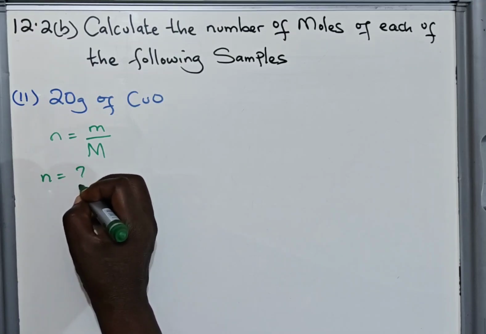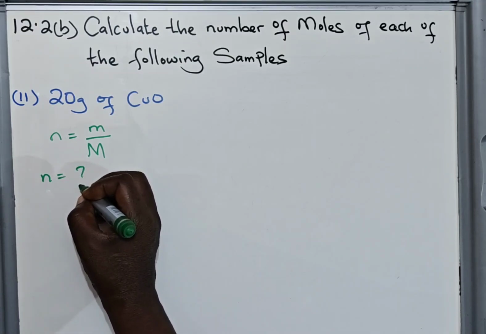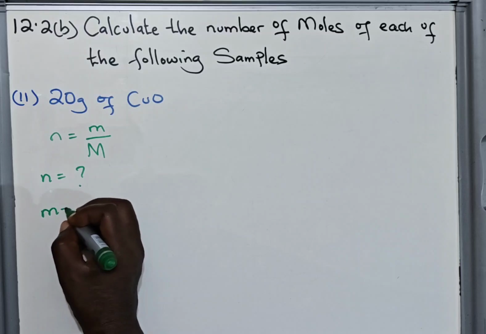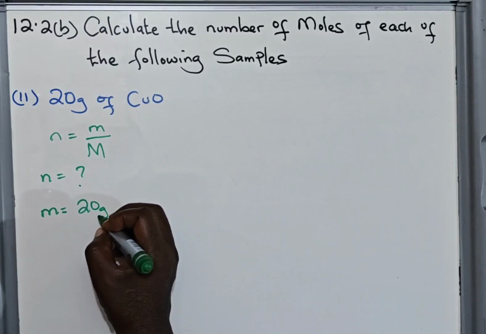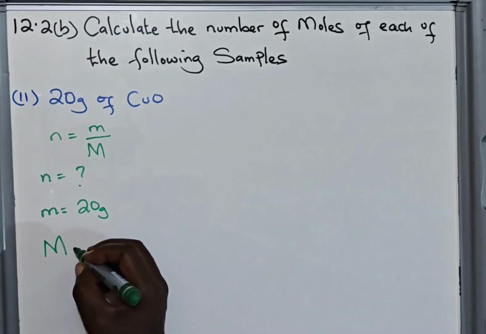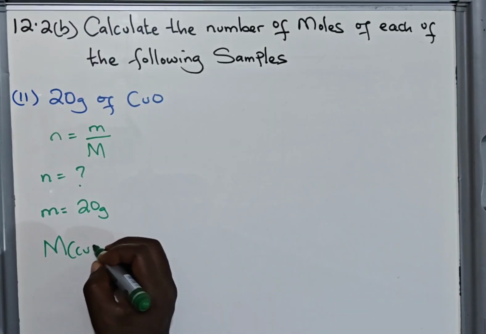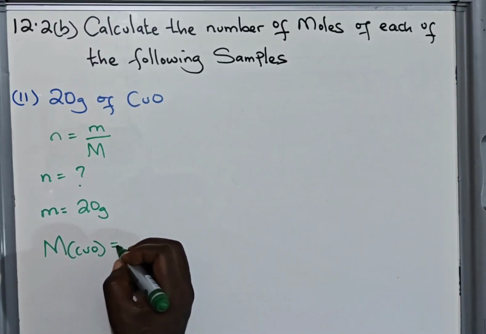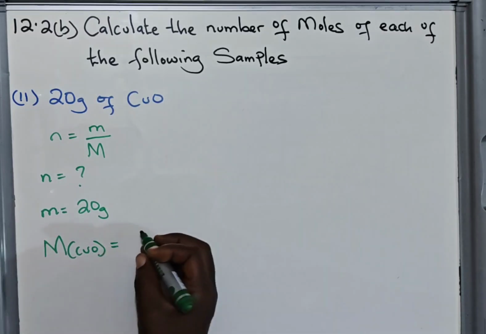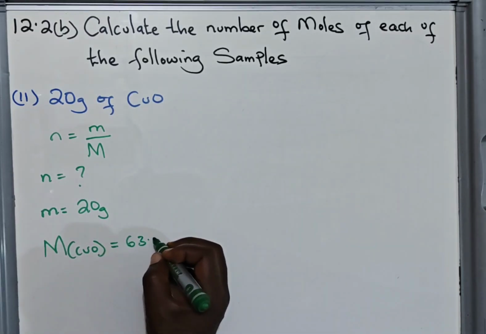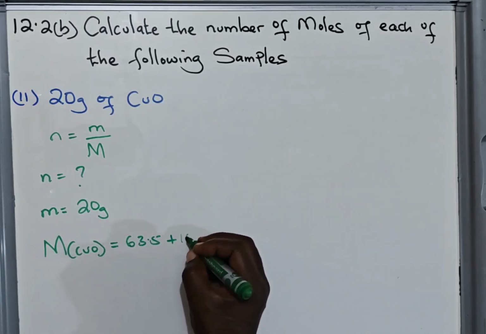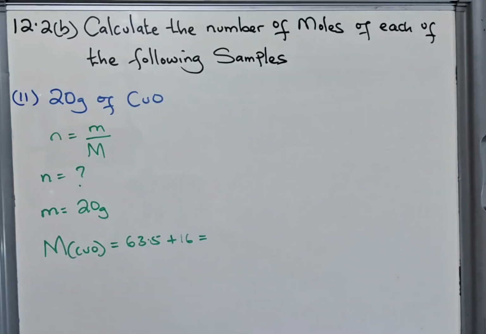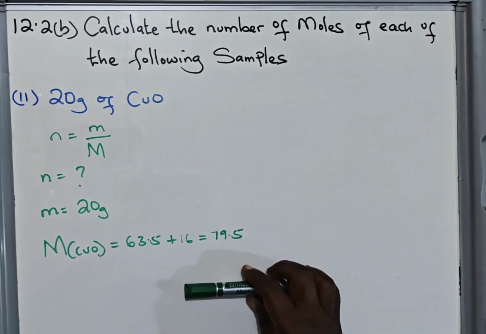We know the mass is 20 grams, and we know the molar mass of copper oxide. Copper is 63.5 plus oxygen, which is 16.